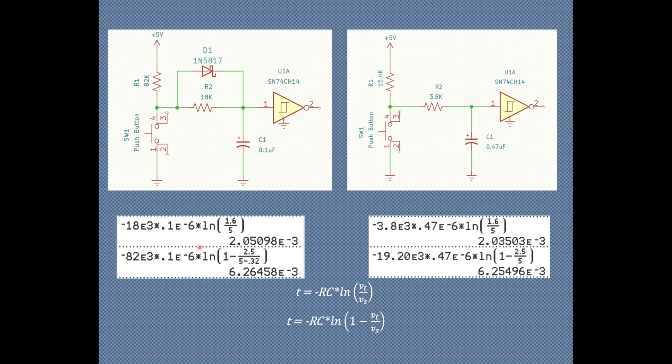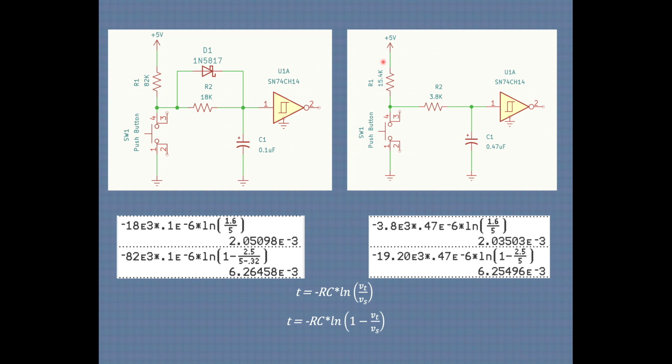Okay, and here's an example of what you can do. You can get the same thing. You don't need this diode. We have the same timing on both circuits, this one with the diode, this one without. Although this one will require a little more math, because you're always dealing with just a resistor and a capacitor.